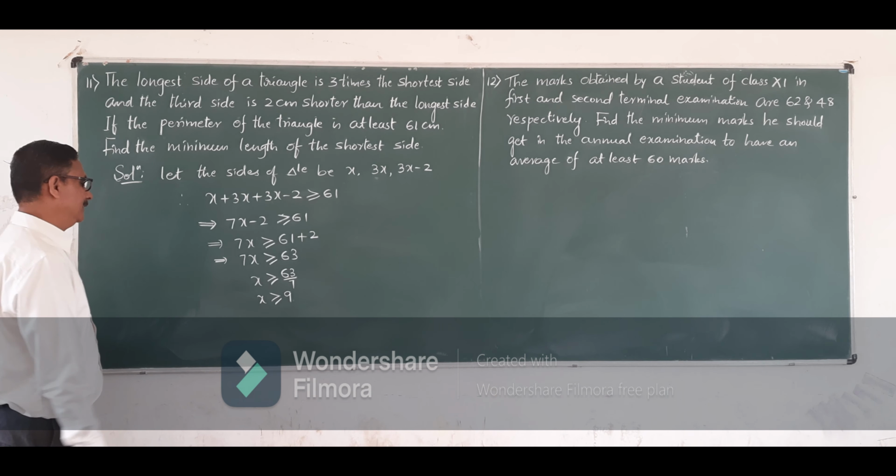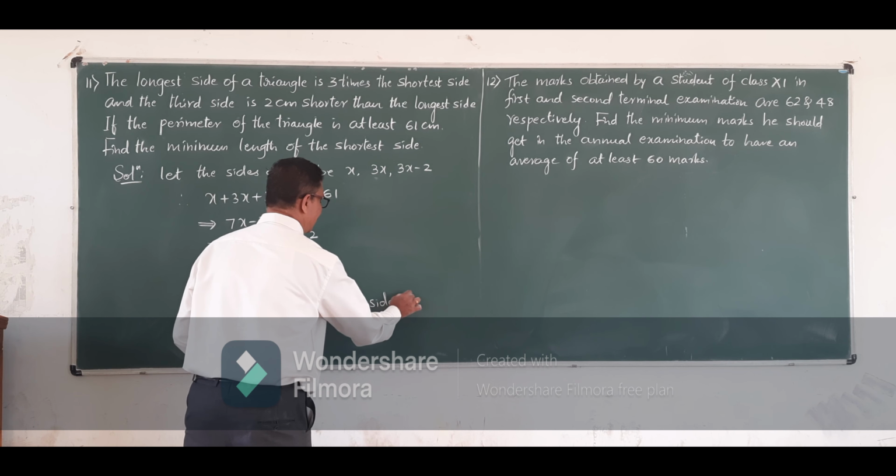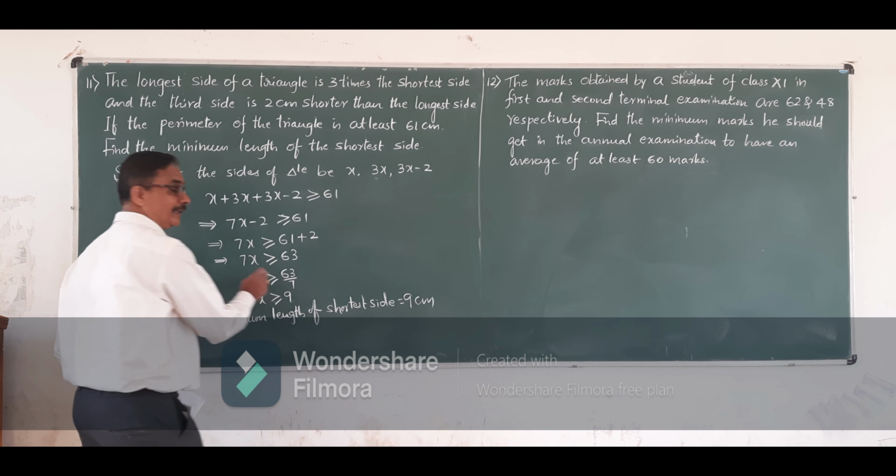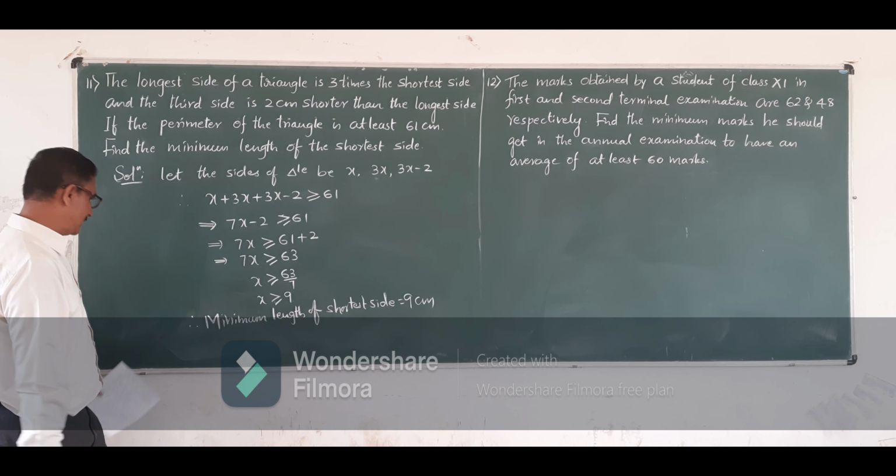Therefore, the minimum length of the shortest side x is 9 cm. Shortest side x is 9 or more. What happens to the remaining sides?